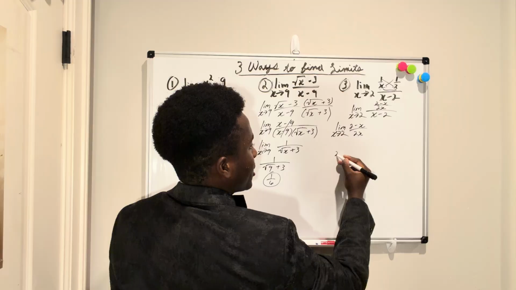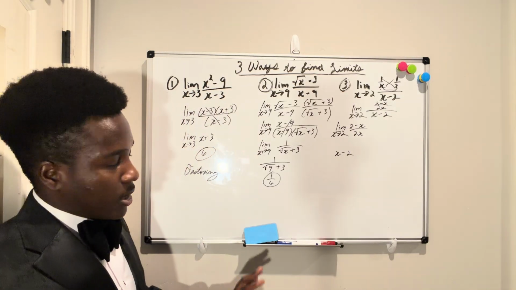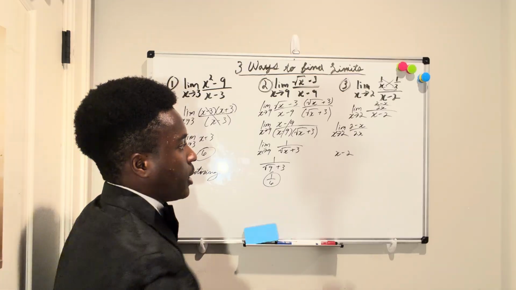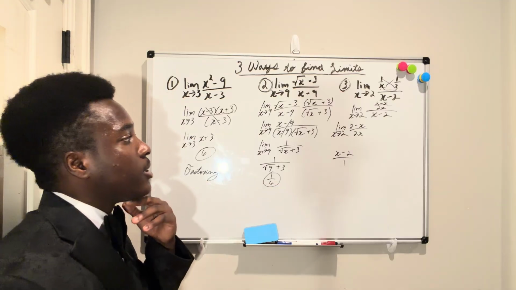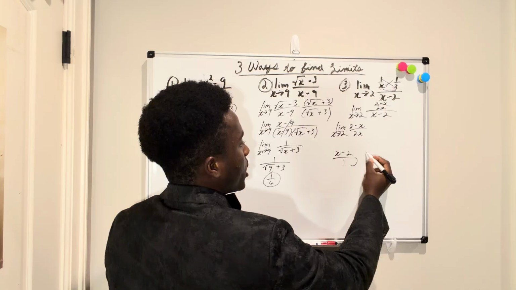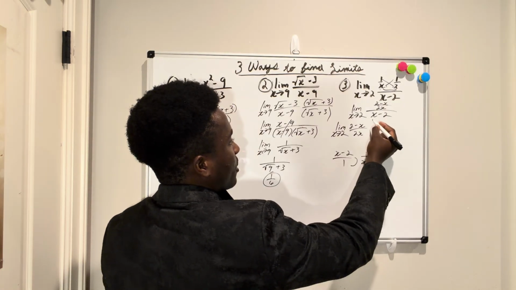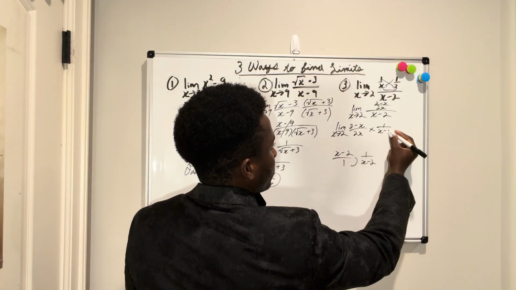Well, because x minus 2 is in the numerator, essentially, this is how it looks. We don't see that 1, but it is there. And so now what we're gonna do is we're actually gonna find the reciprocal, and this 1 will be on top, x minus 2. And so that's exactly how we're going to do it. Multiply by the reciprocal, 1 over x minus 2.